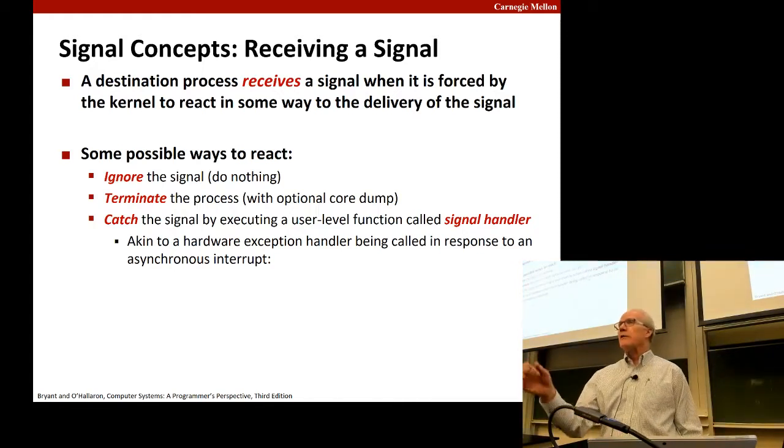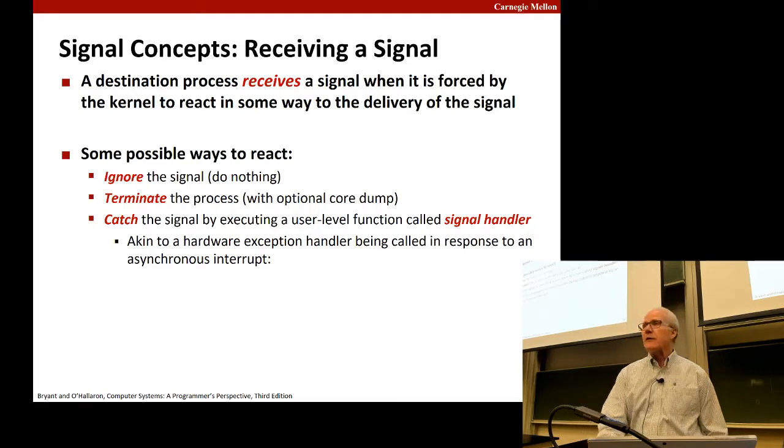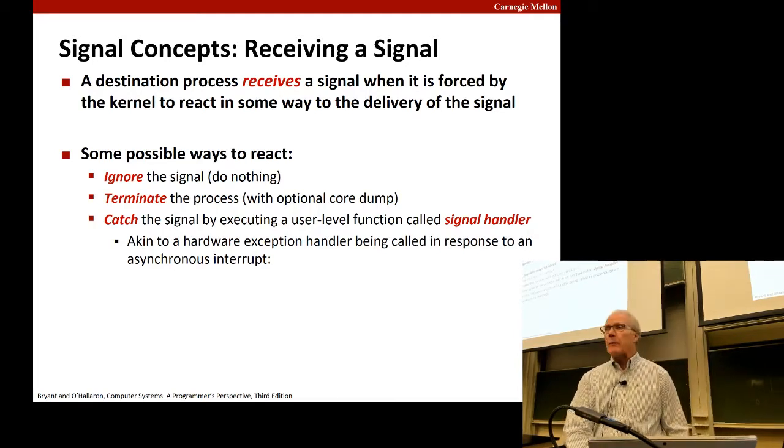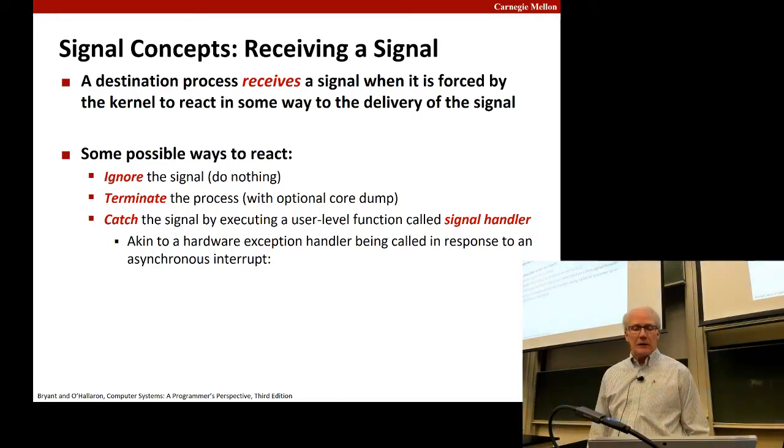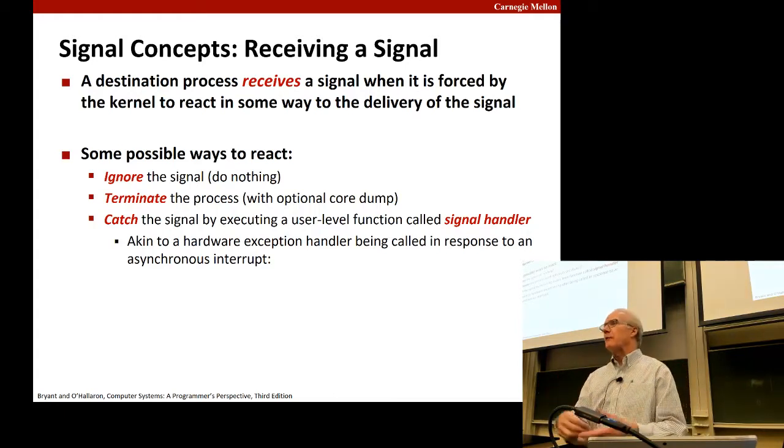Another will be to just terminate this process. And a third is to execute a signal handler, which is a special piece of code that you as a programmer can set up so that it will handle particular types of signals for this process. And this is where it gets interesting, that you as a programmer can write signal handlers that tell the operating system how to handle different types of signals that might be arriving into your program.